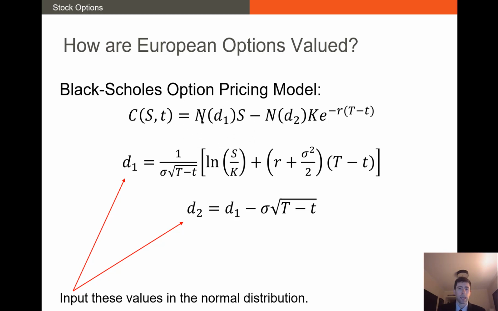So this would indicate a normal distribution of D1 here times the underlying stock price, minus the normal distribution of D2 here times the strike price times e to the power of minus the risk-free rate times the time to maturity. So very long formula, very, very impressive derivation. This is something that you would derive in a Master's of Finance class. It's a very, very important formula.